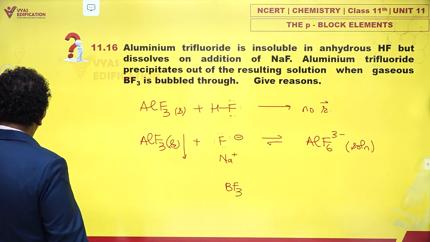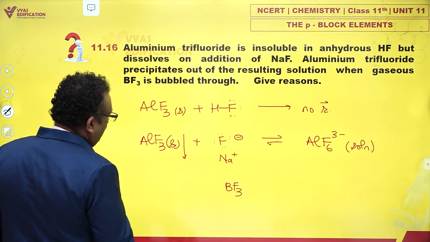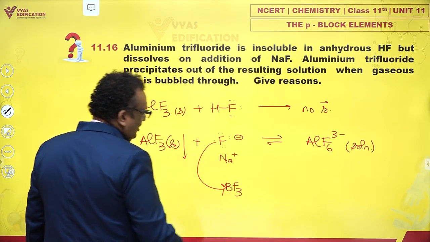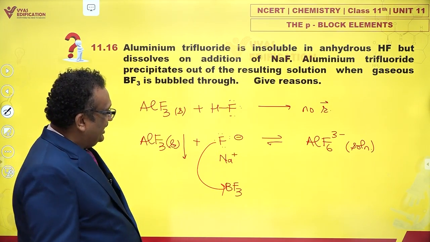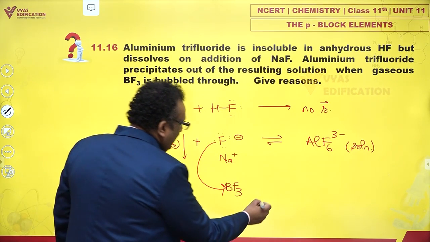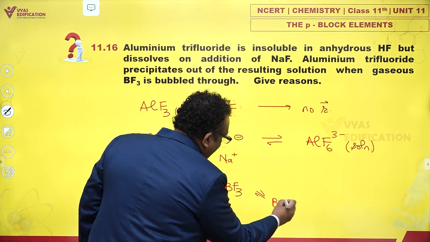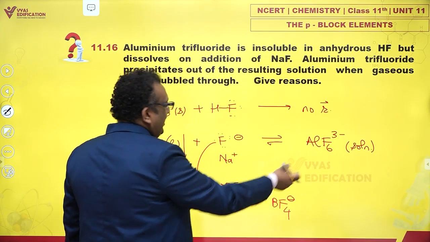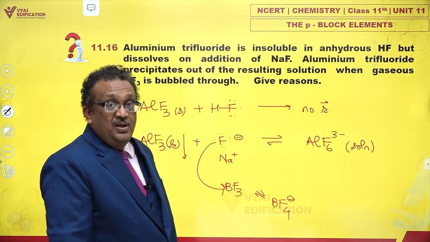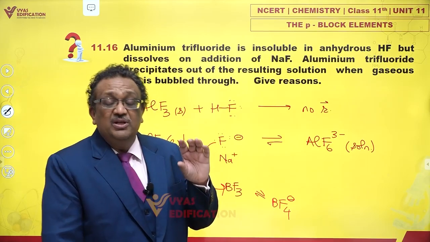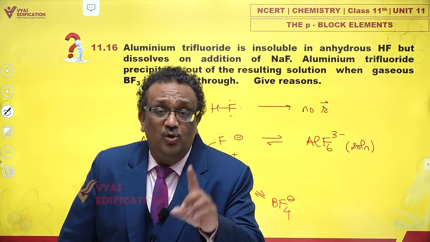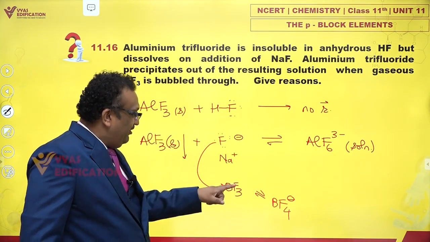So you find that F minus donates a lone pair and BF3 accepts it. It actually starts forming BF4 minus, which is much more stable than AlF6 3 minus, because boron, being a smaller atom, has greater polarizing power. It's a stronger Lewis acid. So it takes away F minus.